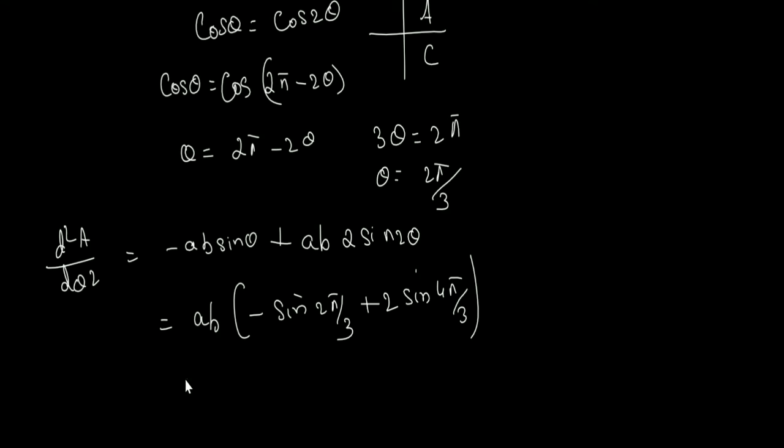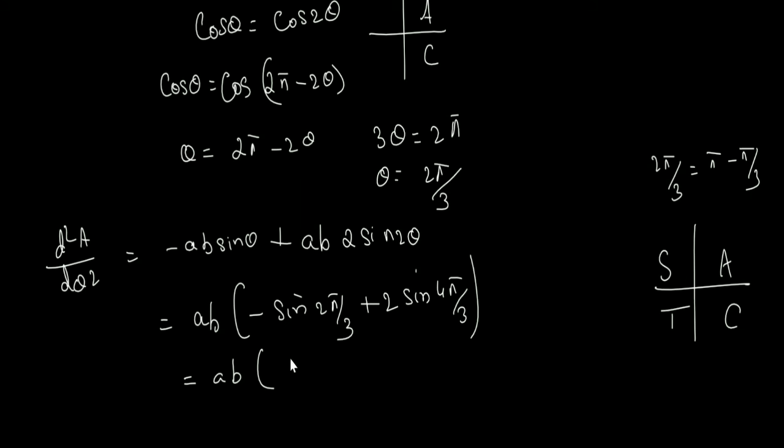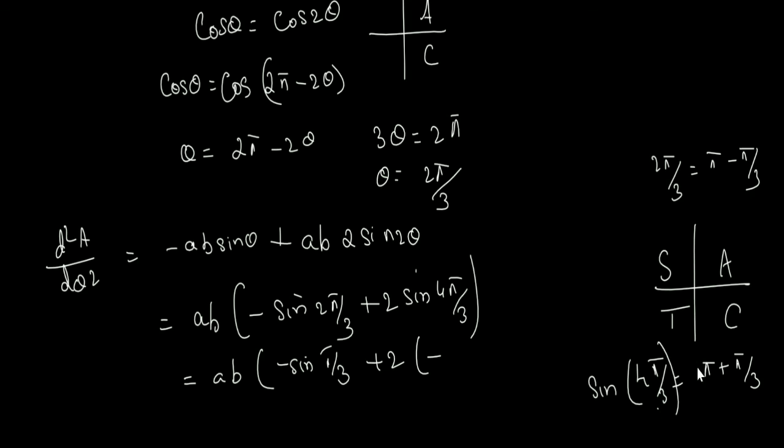So what is 2 pi by 3? 180 minus theta. 2 pi by 3 is pi minus pi by 3. That is in the second quadrant, where sine is positive. So it gives minus sin pi by 3 plus 2 sin 4 pi by 3. 4 pi by 3 is pi plus pi by 3. So it is in the third quadrant. Tan is positive, sin is negative. So sin 4 pi by 3 will give you minus sin pi by 3.